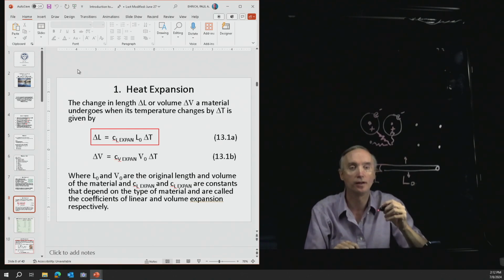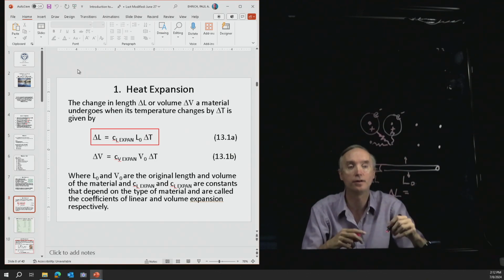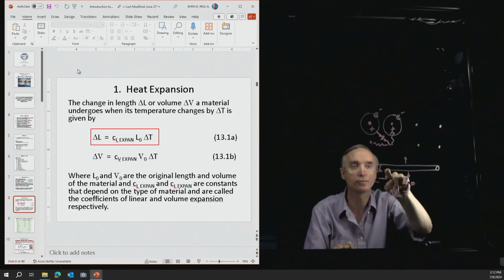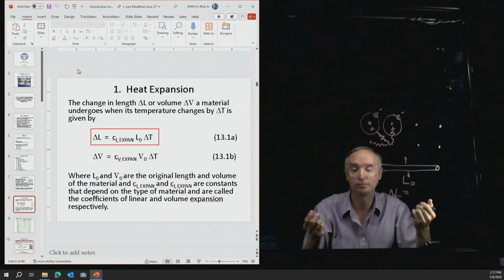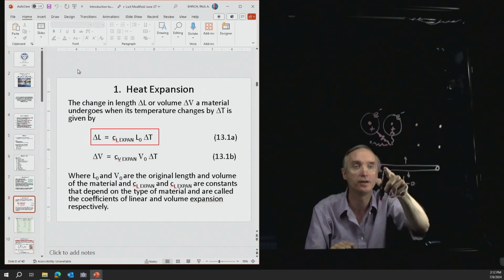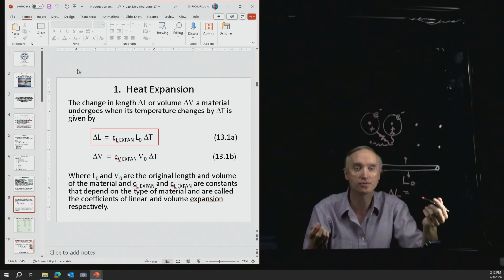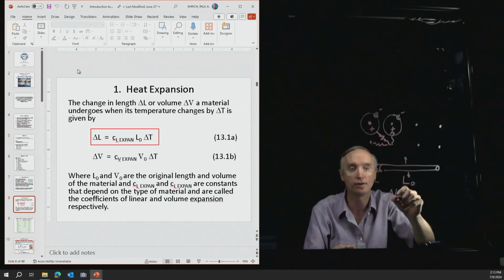So our formula is going to be that the change in length of the rod is going to be dependent on what the rod is made of. Is the rod made of copper or iron? Is it made of rock, or is it a gas, or is it a liquid? So the substance is going to go into a constant here.